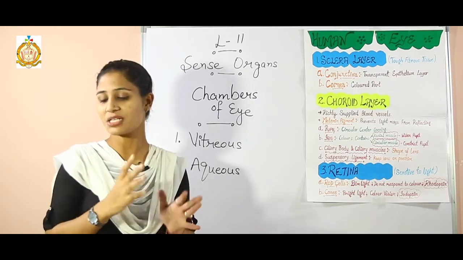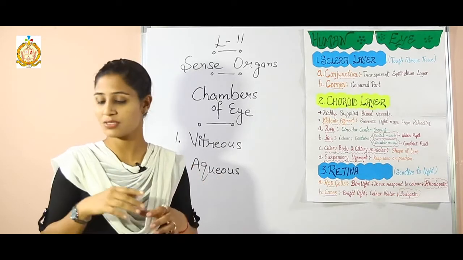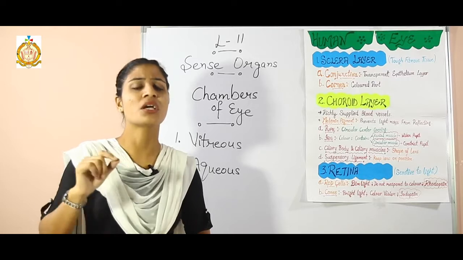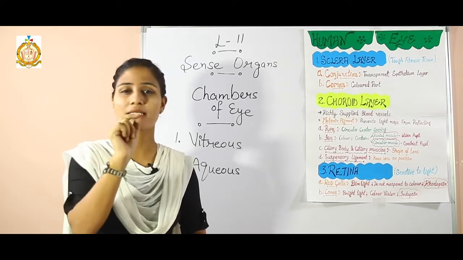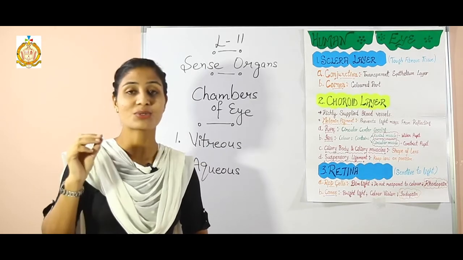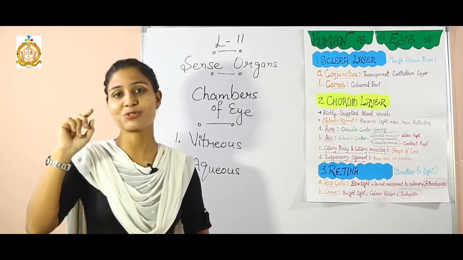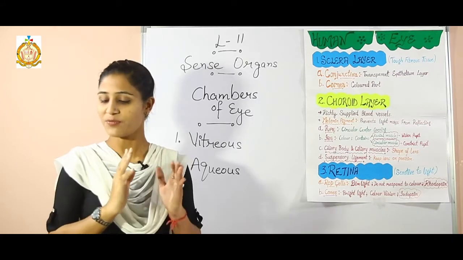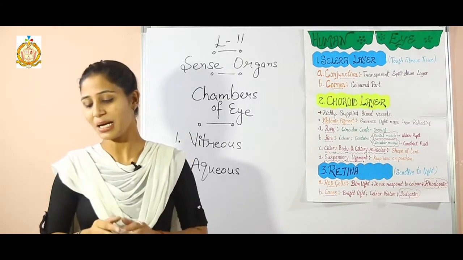The third step is transmission of the nerve impulses from the retina to the brain. Now the retina will send the information to your brain that your eyes are seeing this object. So that is the function of the retina part. They are transmitting the nerve impulses to the brain for the object. And the fourth step is interpretation by the brain.